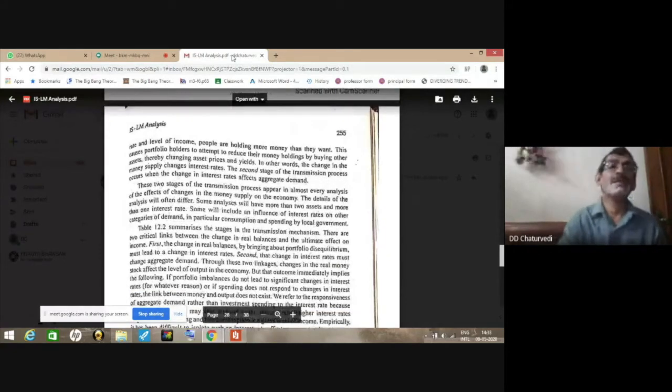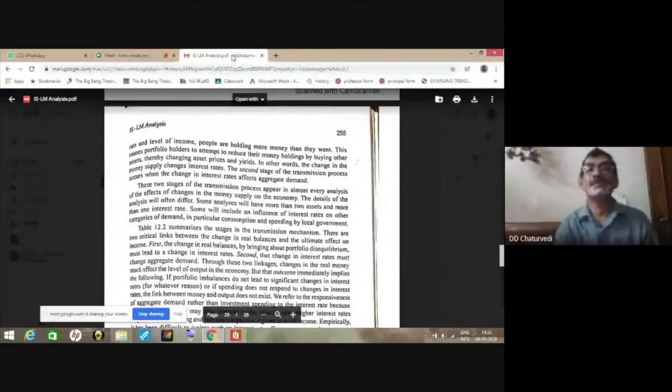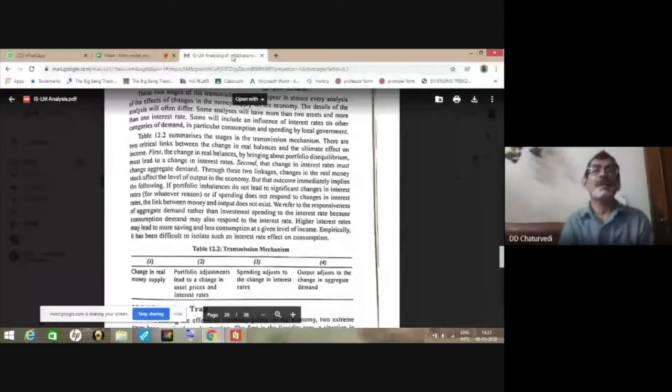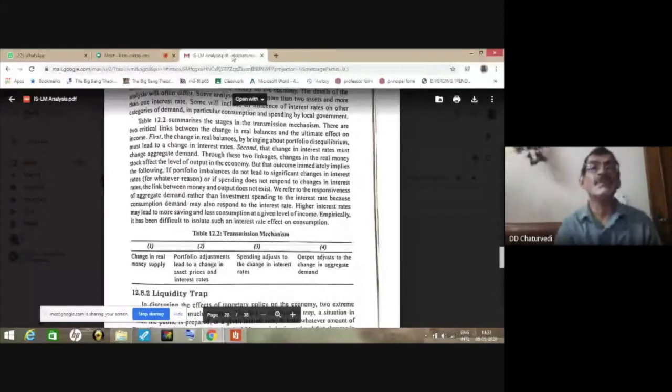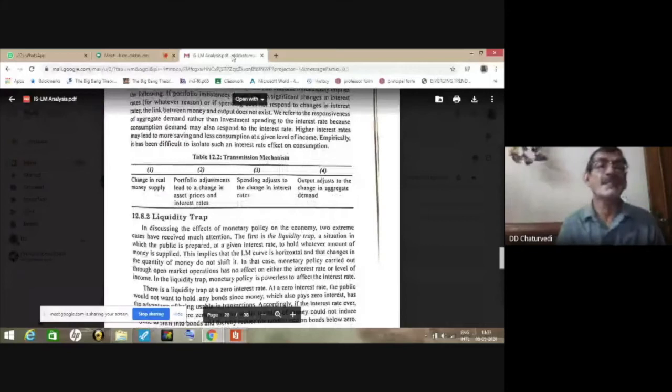Now the 12.2 table explains this process of transmission. That means initially there is change in the real money supply. Then there is portfolio adjustment. Portfolio adjustment means the changes in the assets under the money market, which leads to change in the asset price and interest rate.